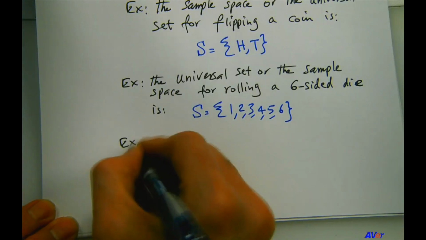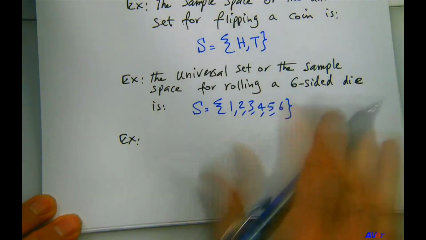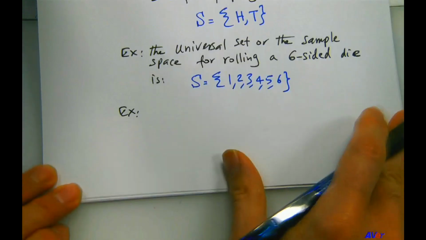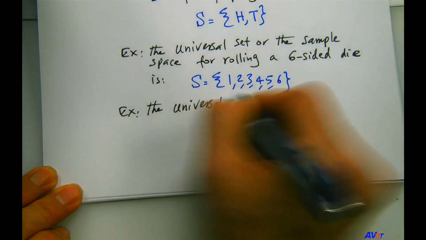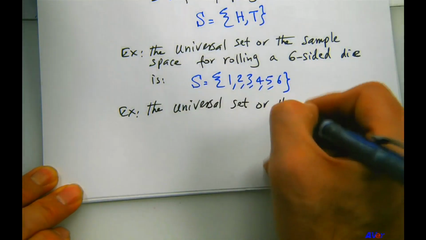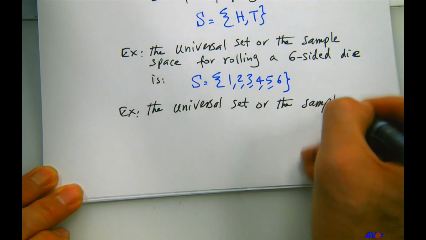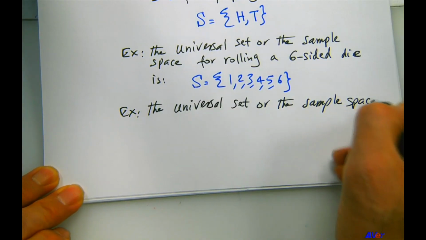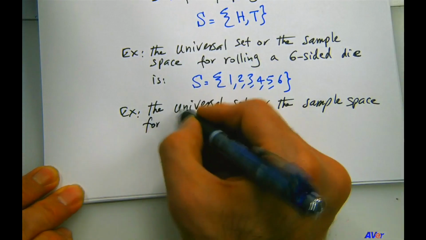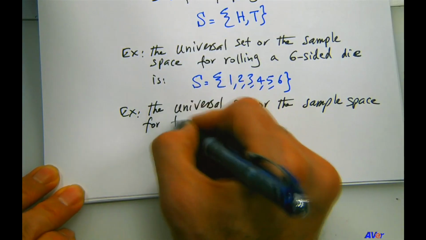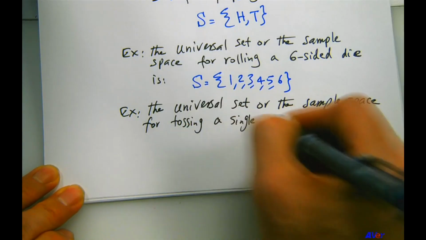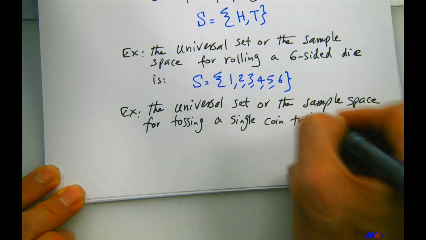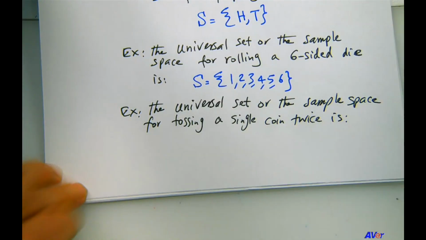Let's give another example of a sample space. The sample space for tossing a single coin twice is, right?